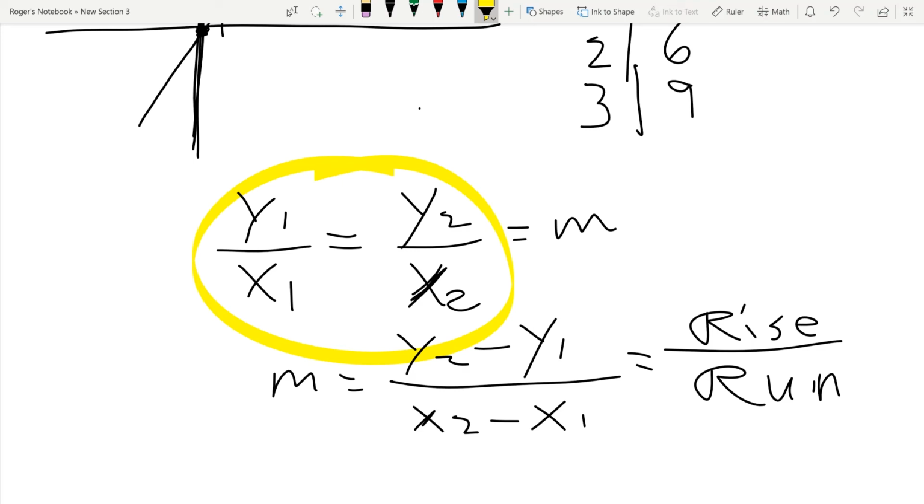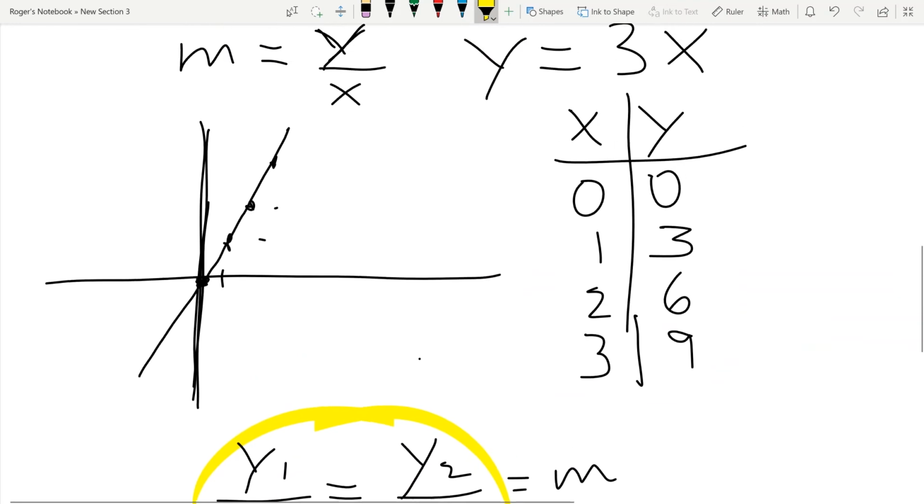If a car is traveling at a constant rate and you travel 50 kilometers in 1 hour, how far would you travel in 3 hours? You'd say 50 is to 1 hour as question mark is to 3 hours. So you can use a proportion.